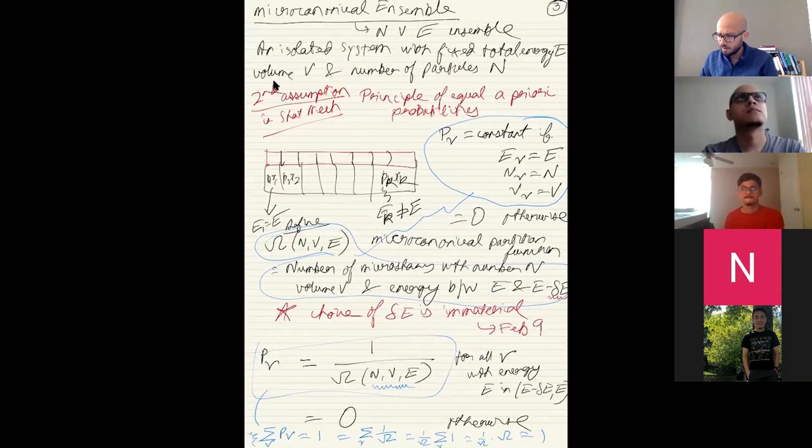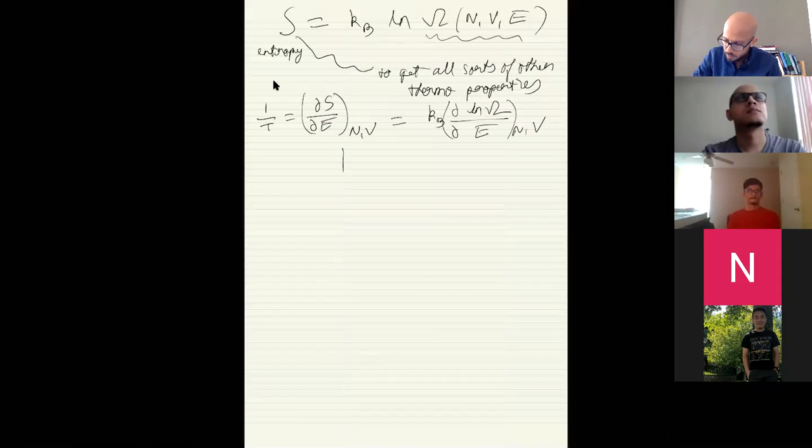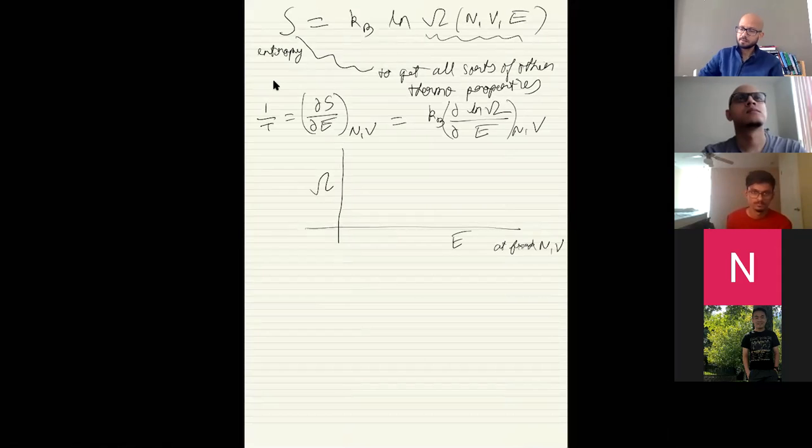We will look at it later. But I want you to think about what would happen to omega as a function of E at fixed NV. Can we say anything about how the number of microstates will change with respect to E? Any ideas, and why? Can we say anything?